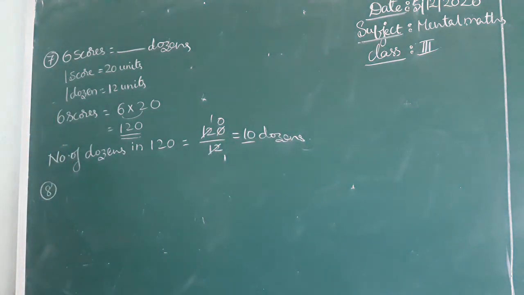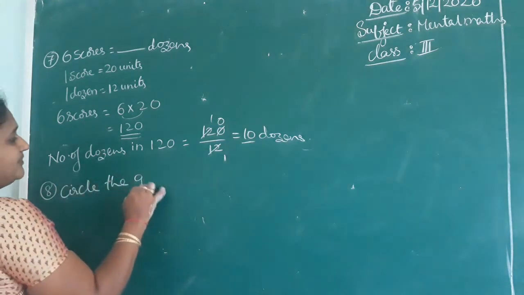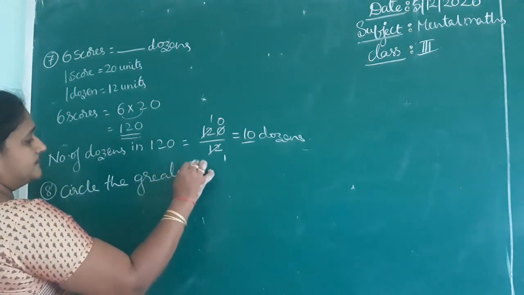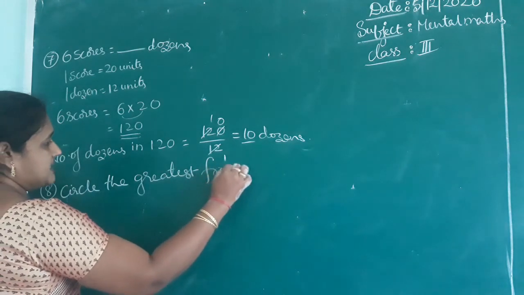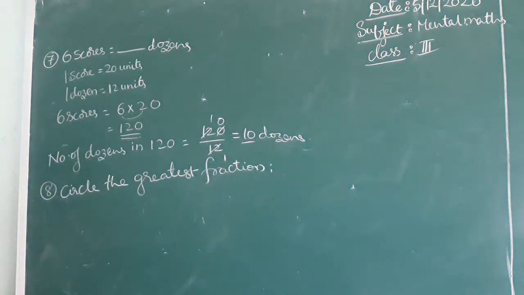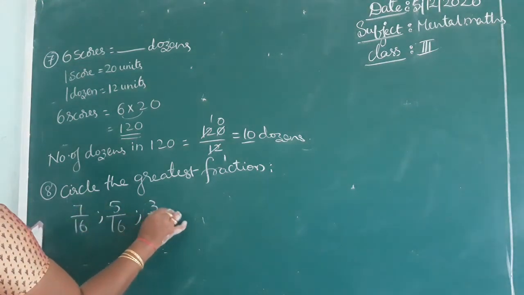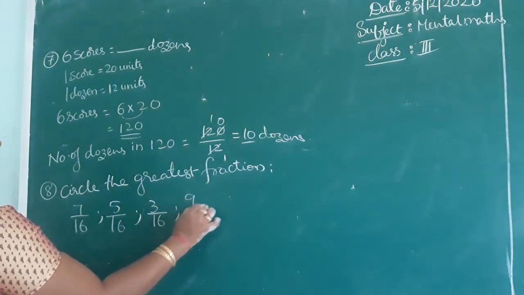8th one. Circle the greatest fraction. Here they have given some fractions and they are asking us to circle which one is greater of all. See the fractions given. 7 by 16, 5 by 16, 3 by 16, 9 by 16.